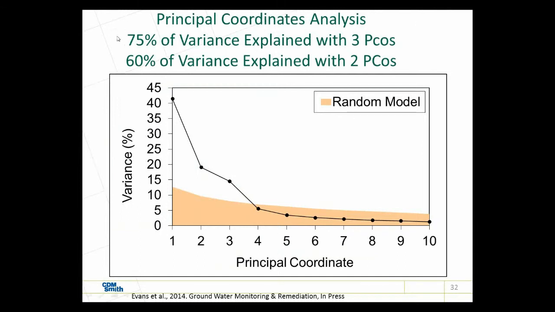This is essentially a multivariate statistical technique that allows you to take a complex data set, in this case time series data for TCE, cis-dichloroethene and total VOC removal, and look at the total variance in that data set and try to capture it in these terms called principal coordinates or axes. And if we can describe most of the variance by 2 or 3 of these PCOs, then we're successful, and that's what we did here.